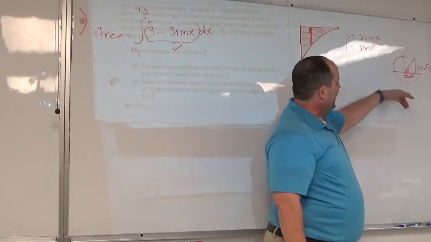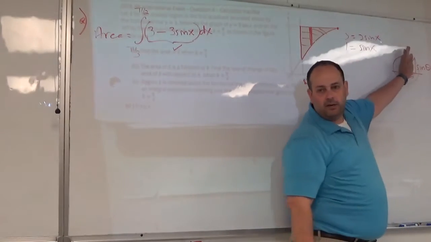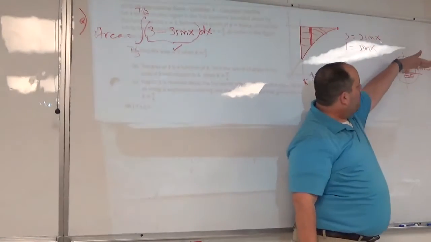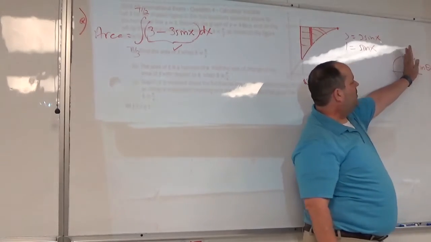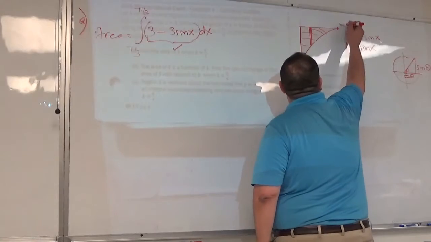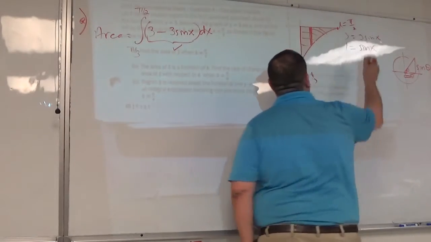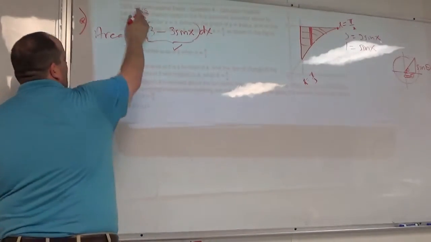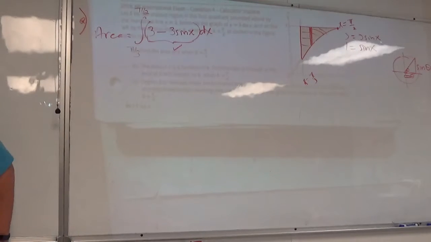When is the sine equal to 1? When is that triangle all vertical? At pi over 2. So you're going to go from pi over 3 to pi over 2. Now they gave no points for the limits of integration, which is strange, they often do.